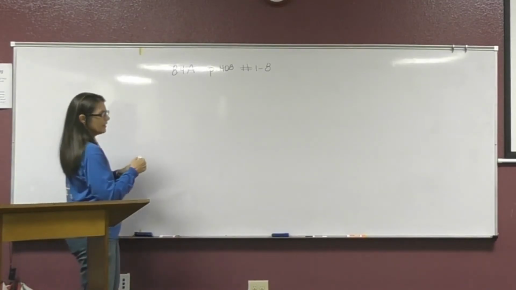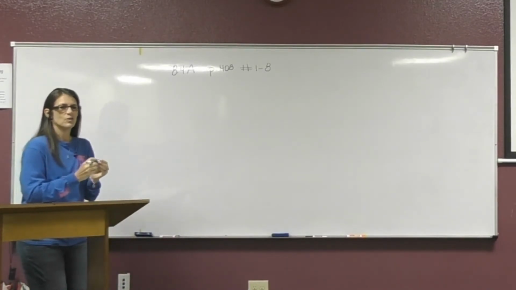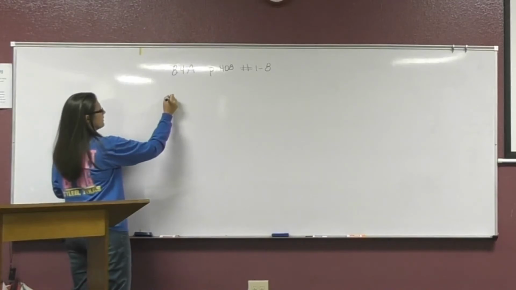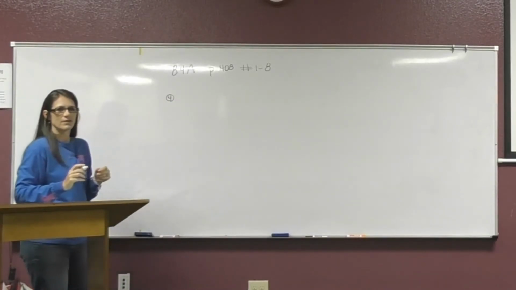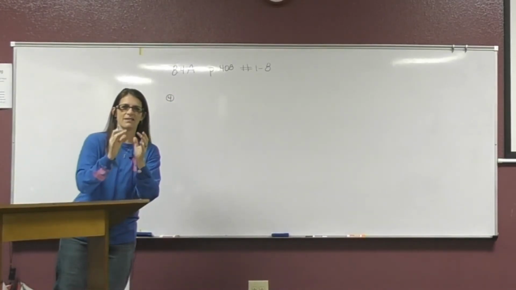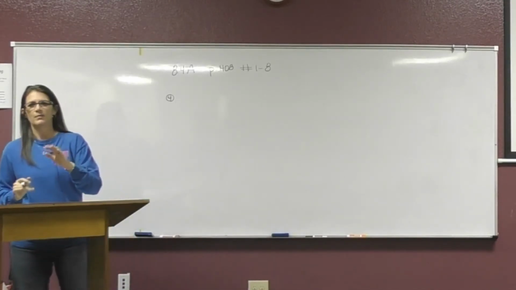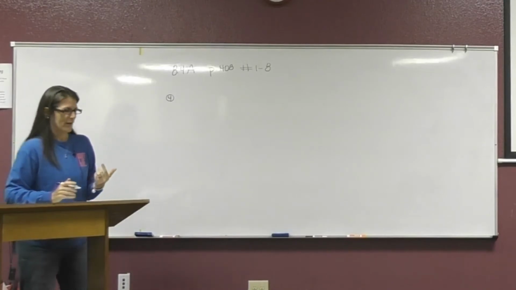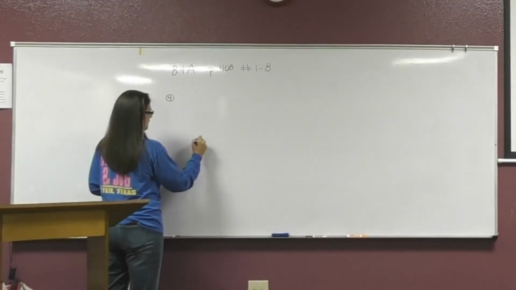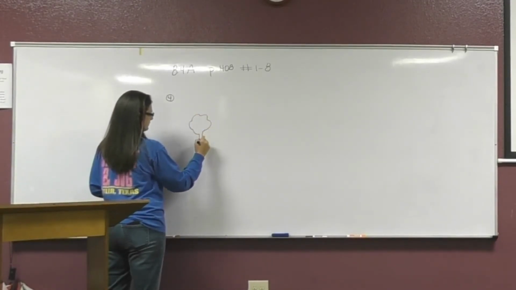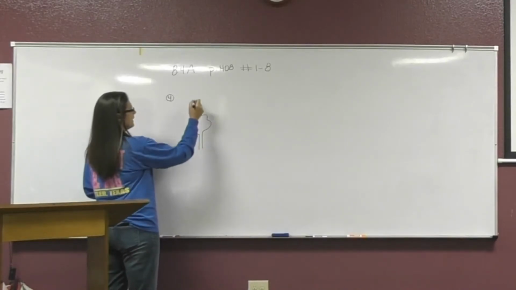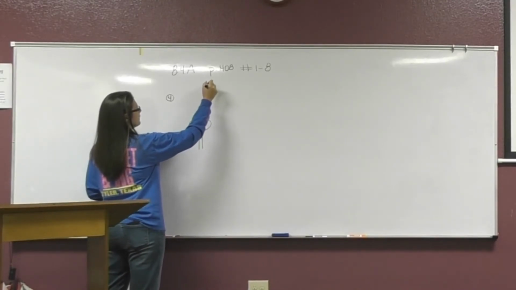So let's test our art skills. Megan can probably do a really fantastic, very detailed job at doing this. Mine will be very elementary looking, okay? So here's my tree. And then I've got a helicopter hovering above it.